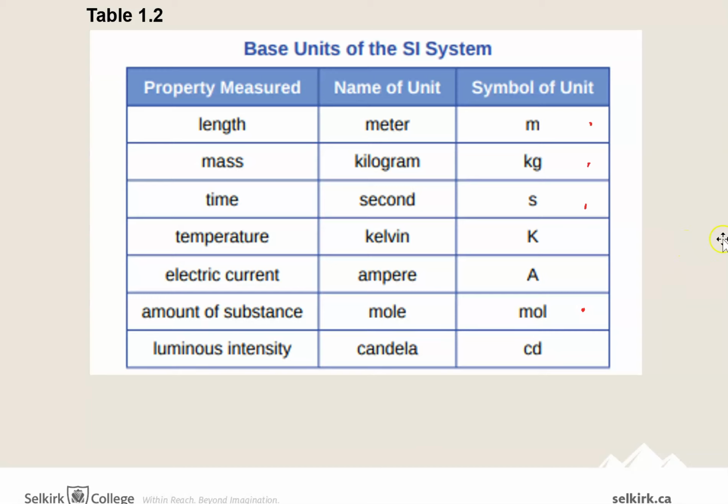The SI unit of length is a meter with the symbol m. The SI unit of mass is a kilogram with symbol kg, and the SI unit of time is a second with the symbol s. That's s, not sec, and that's the way that it is.